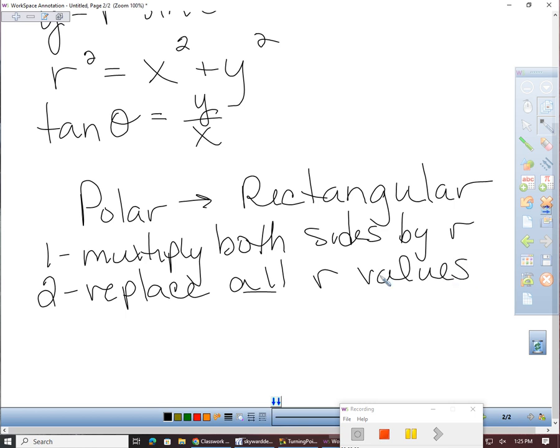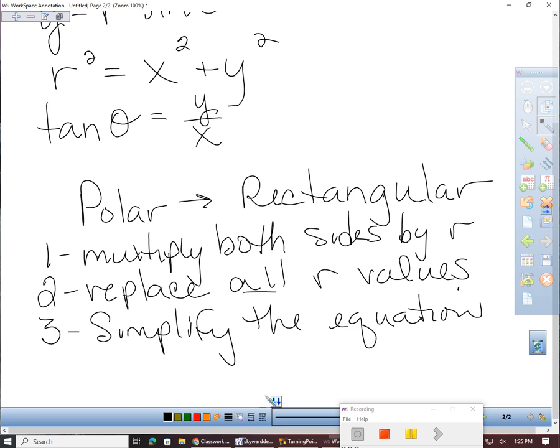For example, if we have r squared, you replace it with x squared plus y squared. If we have r cosine theta, you replace that with x. If we have r sine theta, you replace that with y. So all r values you're going to replace. Then step 3, you're going to simplify the equation.